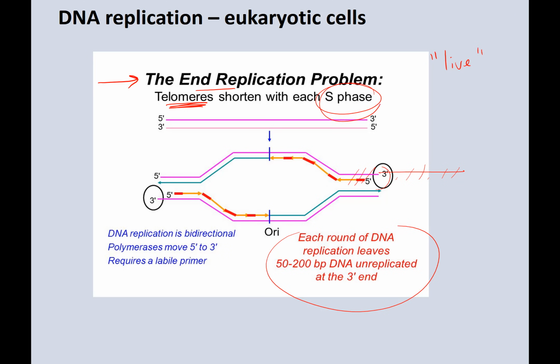The other thing is that if a virus is dependent on the host cell for enzymes like DNA polymerase and helicase, then the virus has to be able to program the cell to go into S phase. Remember your cell cycle: G1, S, G2, and mitosis. S phase is where all the DNA replication enzymes are being expressed and active. So a virus has to do a couple different things in order to replicate its DNA genome.